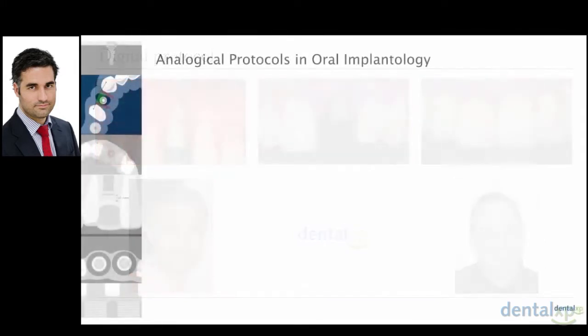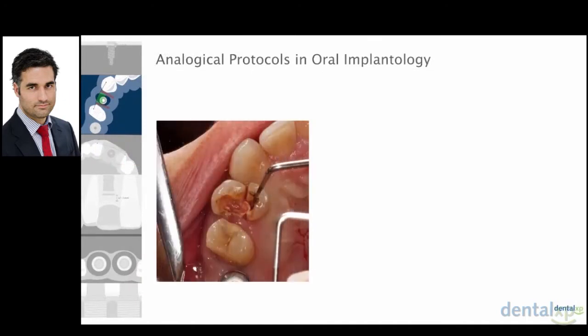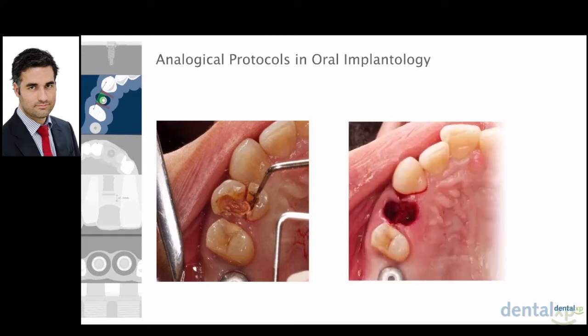So I'd like to introduce a case that shows us how we used to work some years ago, and how things were done in an analogical way. To start, I'm going to introduce this clinical case where you can see a vertical fracture of a premolar.